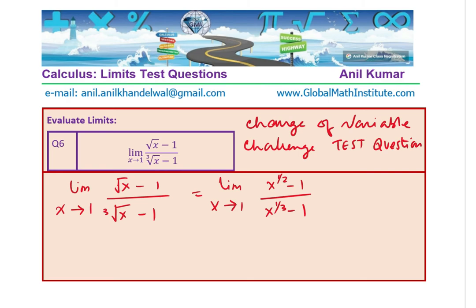So look here, if I use the substitution, I should say change of variable, as x to the power of 1 over 6 equals p.